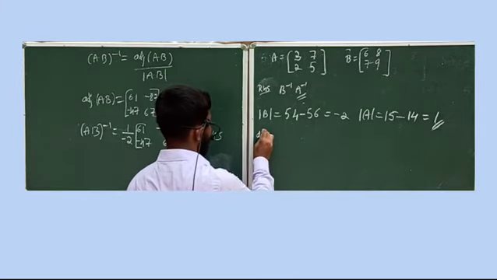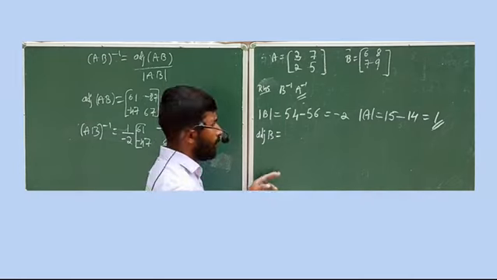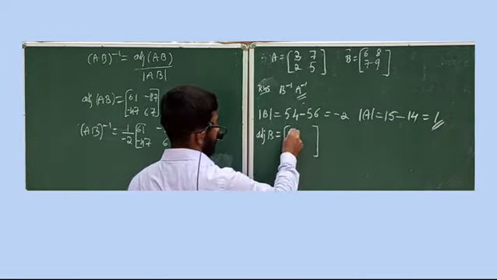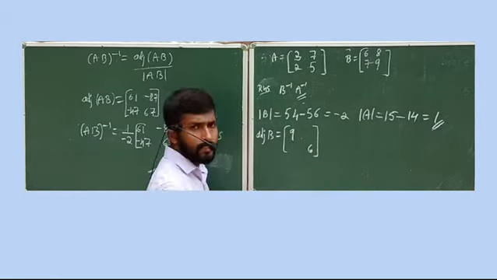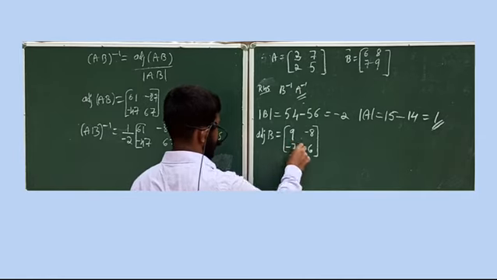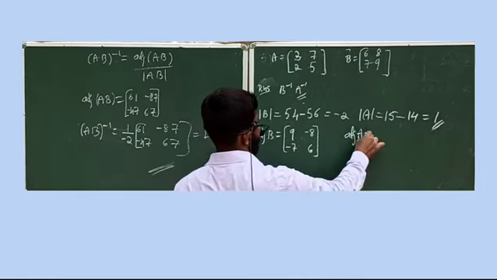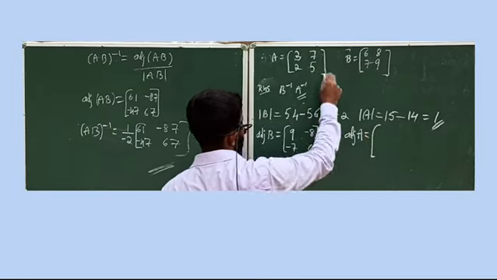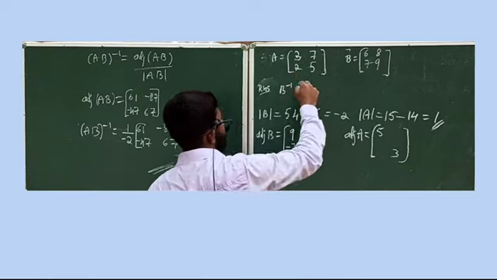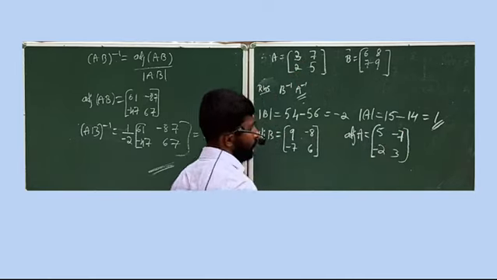Next adj B is equal to, what is adj B? Adj B is obtained by interchanging the diagonal entries, 9 6. Change the sign of the non-diagonal entries, here minus 8, here minus 7. Then what is adj A? Adj A, interchange the diagonal entries, 5, here 3 comes. Change the sign of the non-diagonal entries, minus 7, here minus 2 comes.